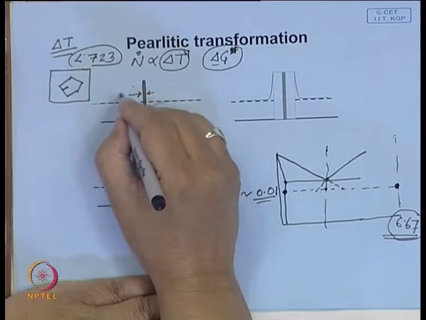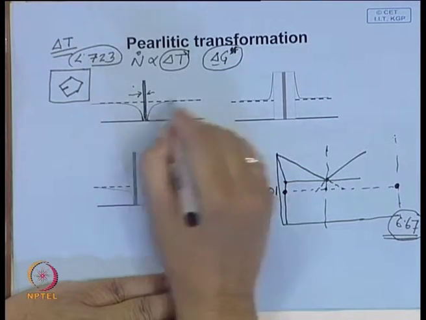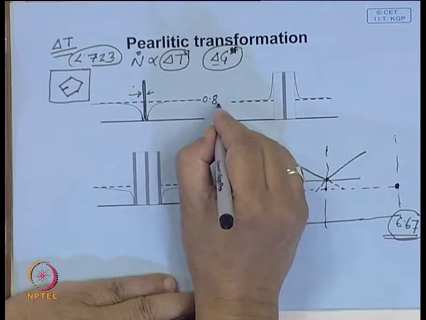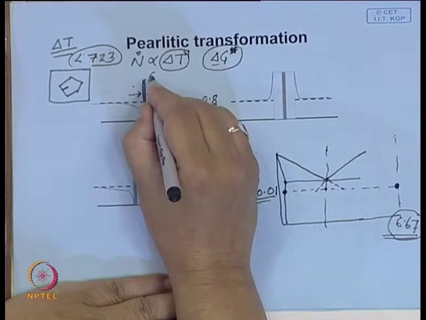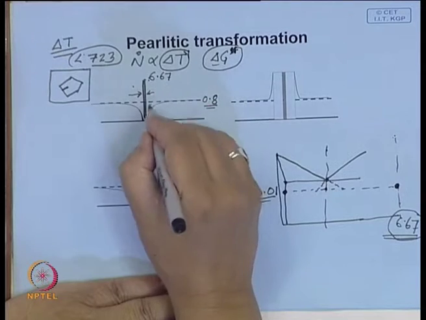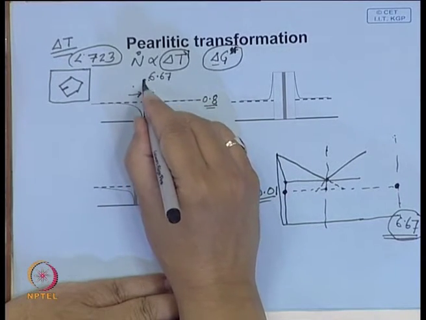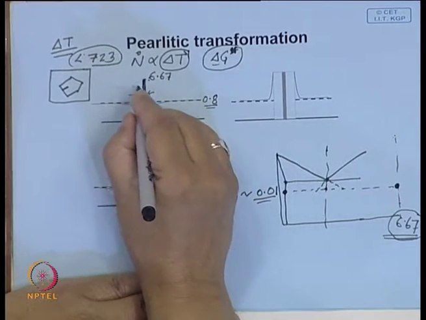So, what happens in the neighboring region, carbon drops down drastically. So, let us say this carbon content is the average carbon content of the steel, 0.8% carbon, and here the carbon content goes up to 6.67. So, this is a platelet of cementite that has nucleated.